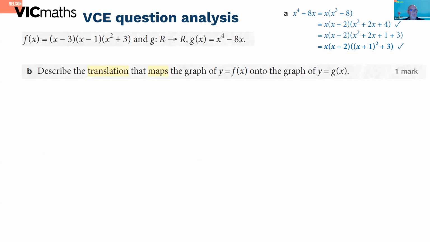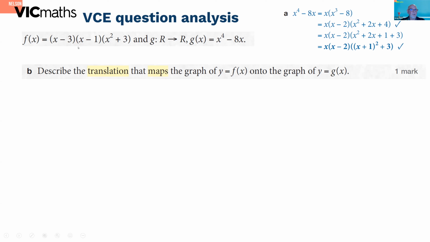So in the next part, we had to work out what translations are going to map f of x onto g of x. And if we look very closely at our factorized form, our f of x in the last bracket has got an x squared plus 3, and our g of x in the last bracket has got an (x plus 1) squared plus 3. So we can see that the x in that third bracket has been replaced with an x plus 1.